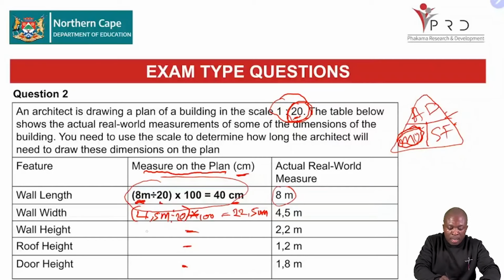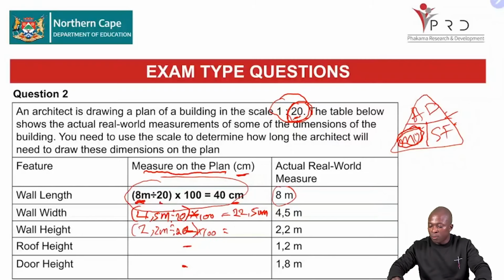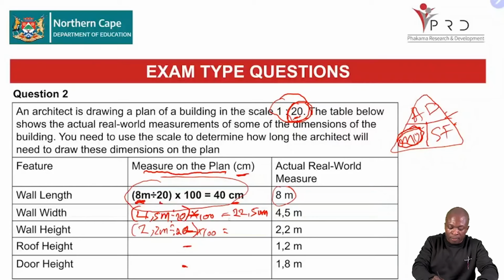How about the next one? You take 2.2 meters divided by 20, multiply everything by 100. That will give you 2.2 divided by 20, multiplied by 100, and your answer should be 11 centimeters.